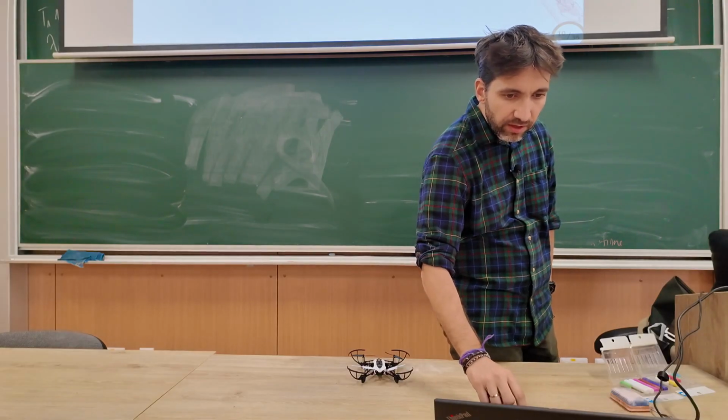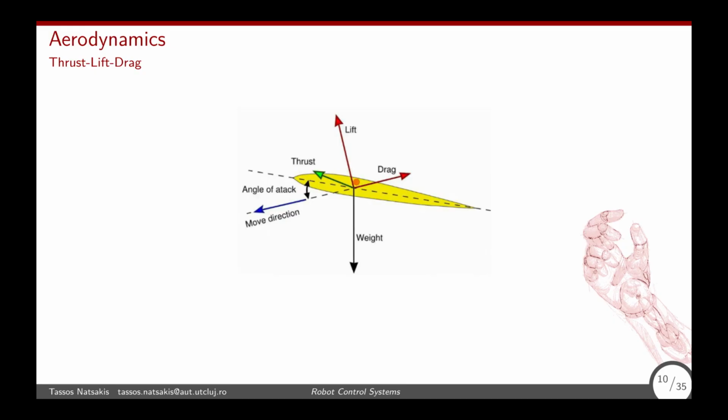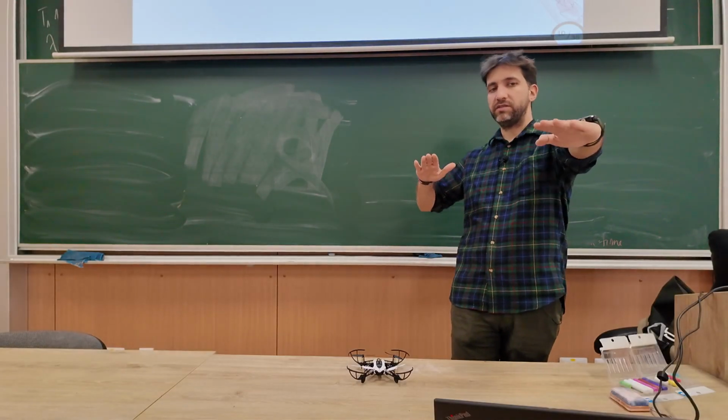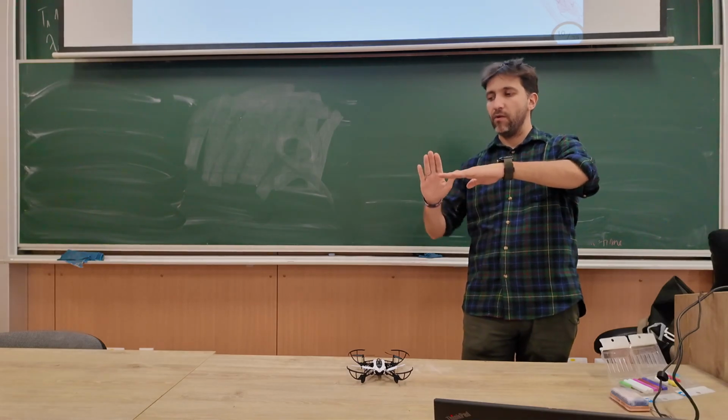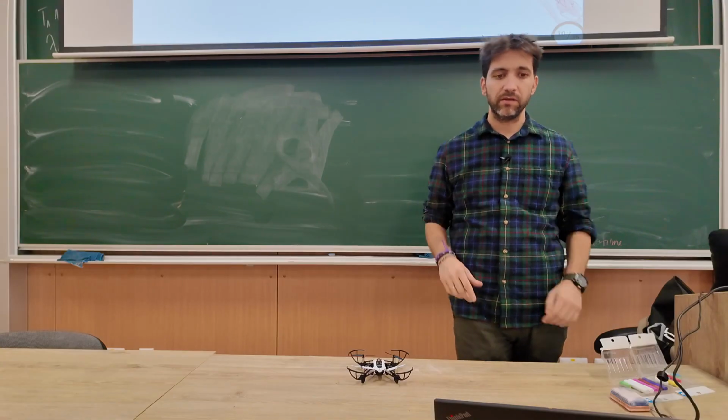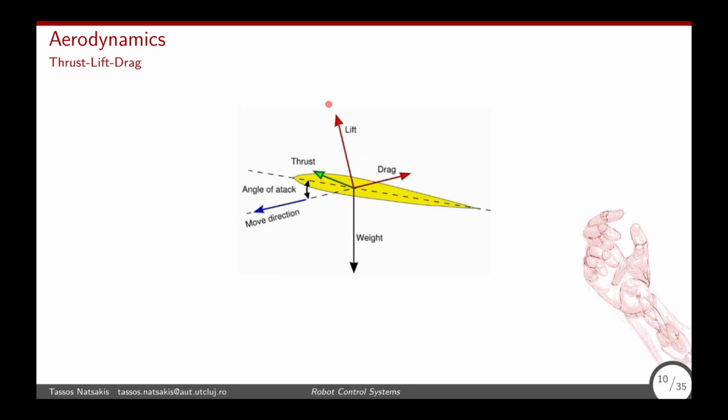Due to the angle of this airfoil relative to the movement direction, which we call the angle of attack, meaning that if the air is flowing in this direction constantly, it is the angle at which the airfoil attacks the air, we have two more forces developing: the lift and the drag. The lift is perpendicular to the movement direction, and the drag is in the opposite direction of the movement.